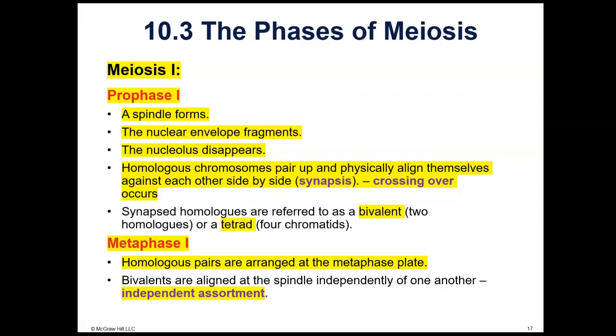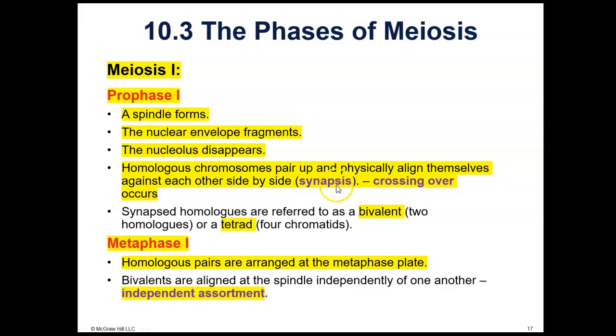Now they're condensed and we can see them. But these 2 events that are listed in purple happen together, at the same time. These 2 events happen in prophase 1, and these are unique to meiosis. Okay, synapsis is when the homologous pairs match up.